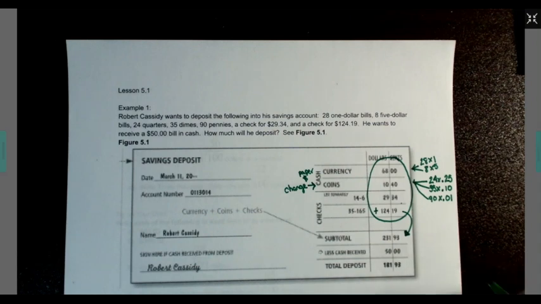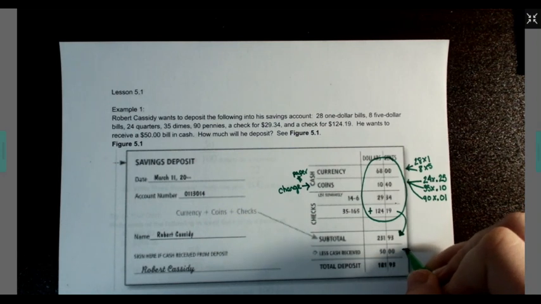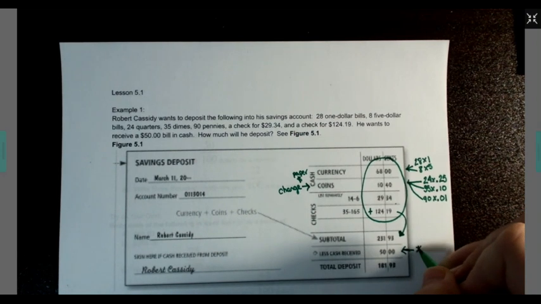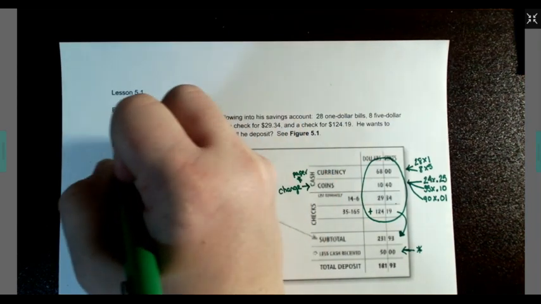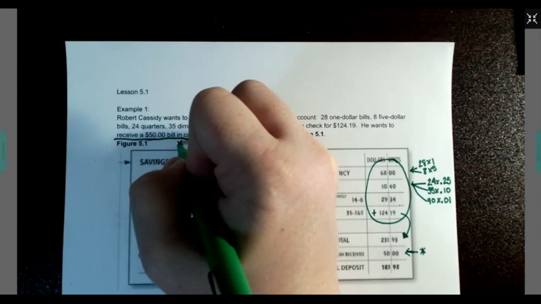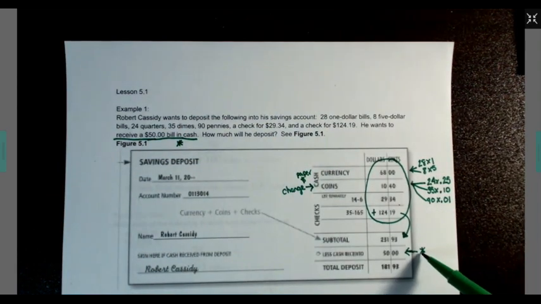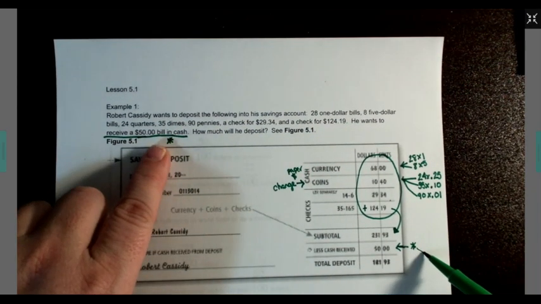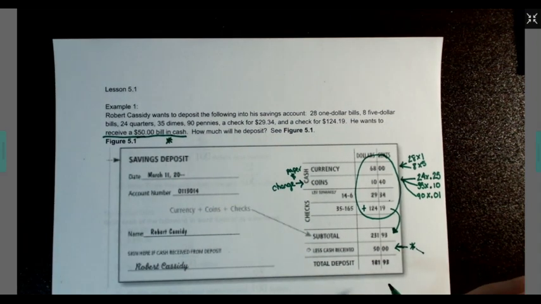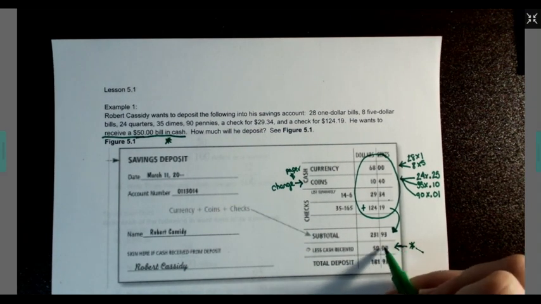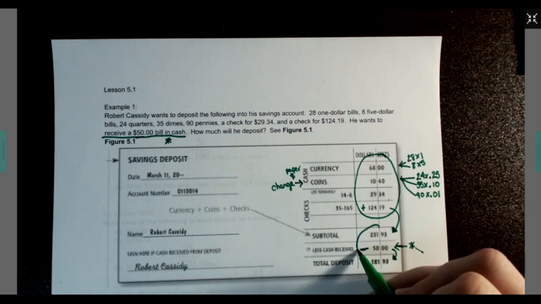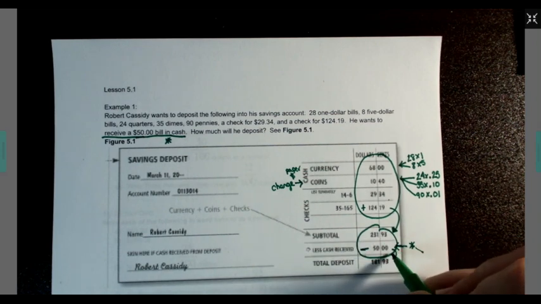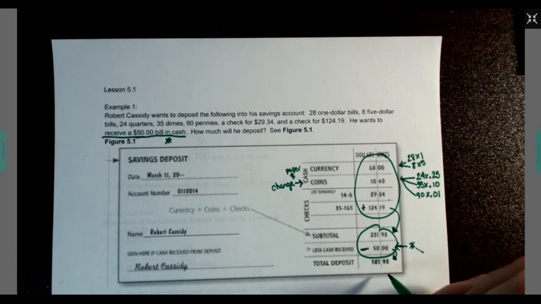Then they took this part right here where he wants to receive this, that went there. Okay, these were the same. And anything in this line would be subtracted to go here. So it would be these two amounts subtracted to get to this point.